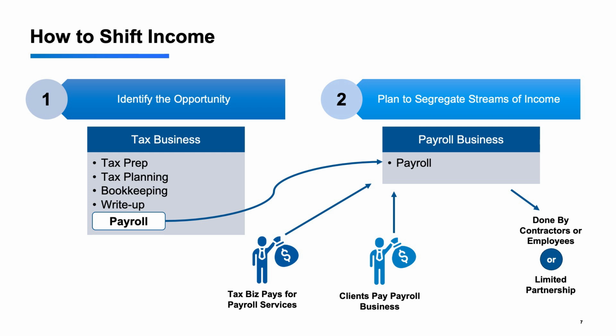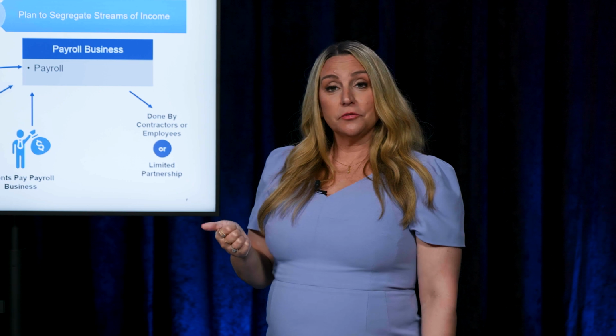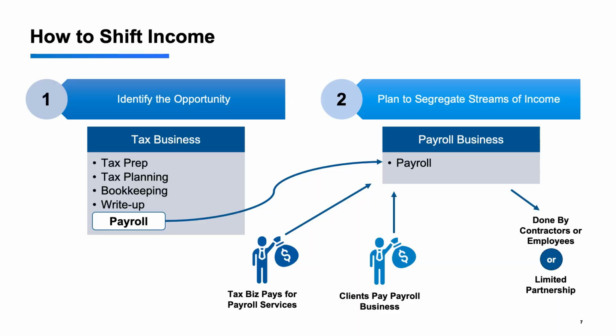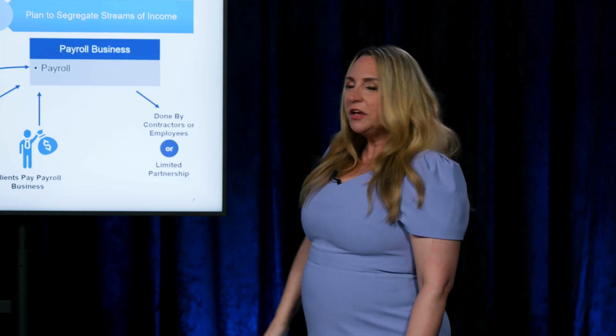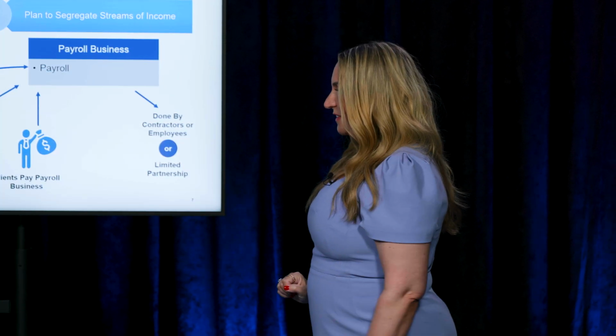The second step says plan to segregate streams of revenue. And all we're doing in this step is we're identifying that revenue stream that we want to redirect. In this case, it's payroll. And then we are setting up an additional entity to hold this business activity. So we go from having one business to having two businesses.